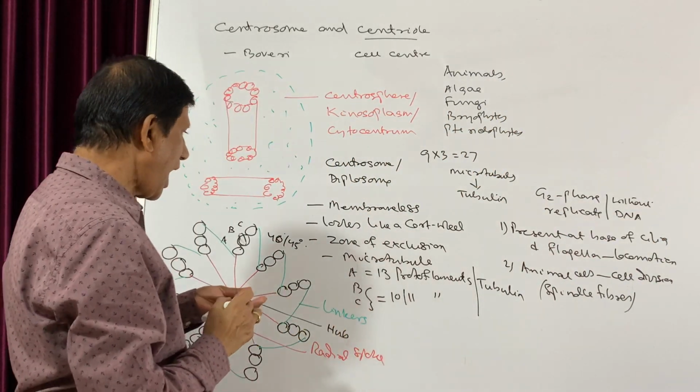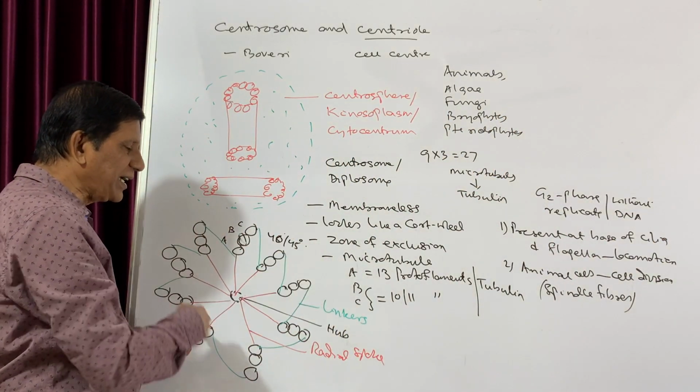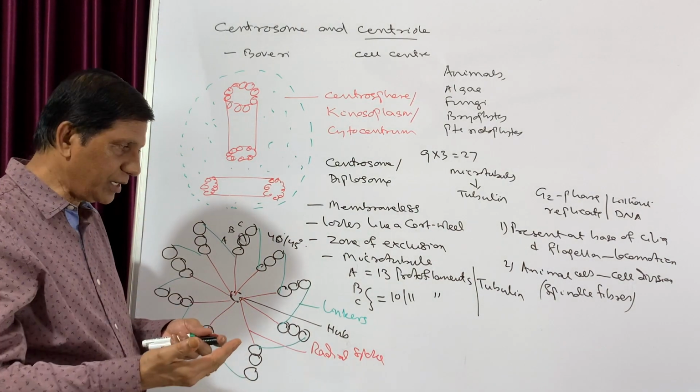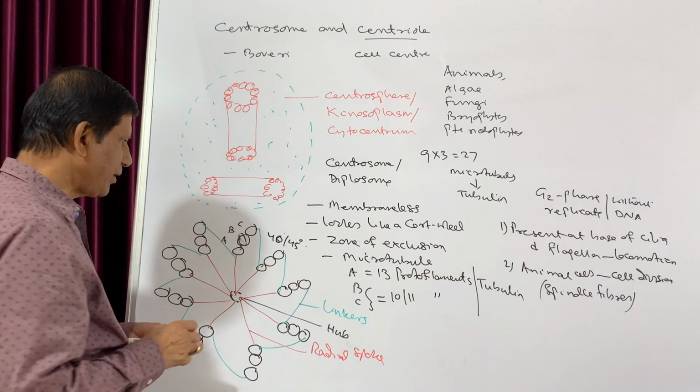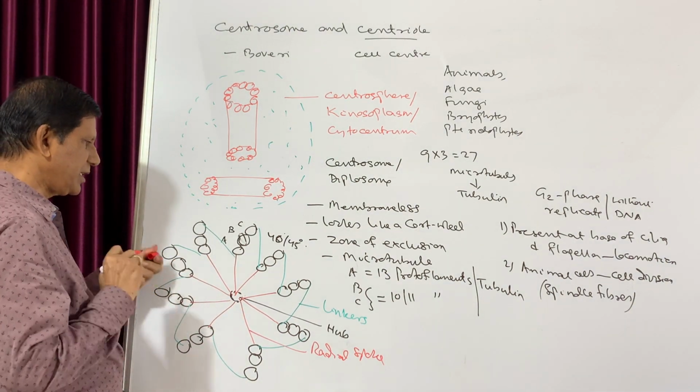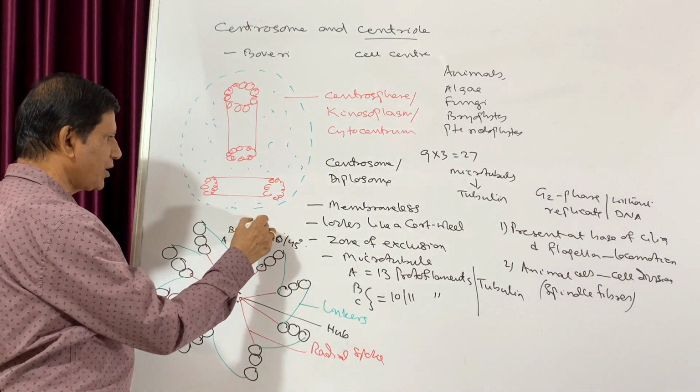And how it gives rise to the spindle fibers? Usually in the peripheral part of this centriole, we will get some structures like this.